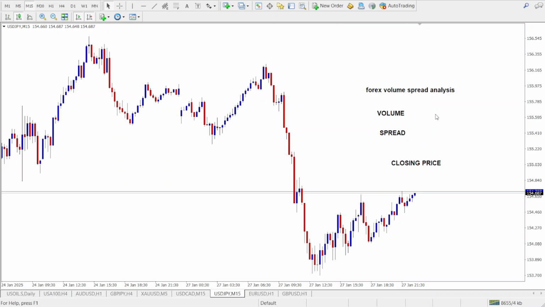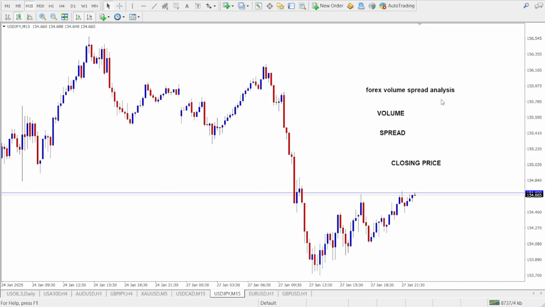Together, these give you insights into the forces driving price action. In simple terms, VSA helps you understand whether the market is in a phase of accumulation, distribution, or manipulation by large players like institutions. So it's like reading between the lines of price and volume to see what is really going on.